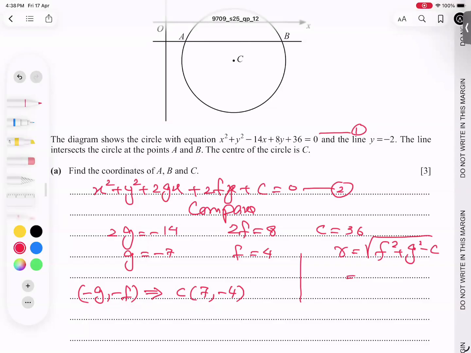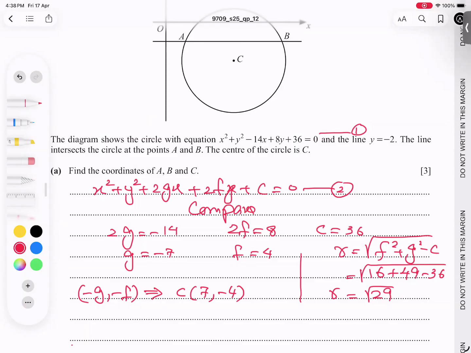So f square is 16 and g square is 49 because 7 square is 49, and minus 36, and root on the top. So 16 plus 49 minus 36 gives us root 29. So r becomes root 29. Okay.